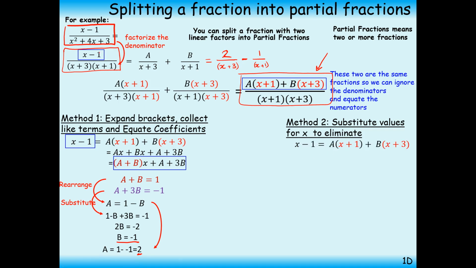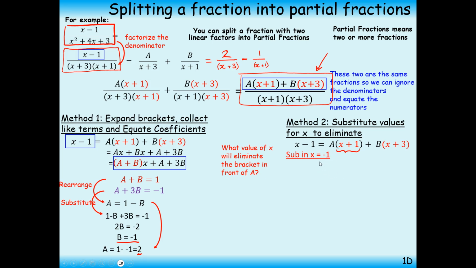You still match these two blue boxes with each other and write x minus 1 equals a times x plus 1 plus b times x plus 3. In this method, you can look at the first bracket and ask yourself what value of x will eliminate this bracket or make it 0. To make this bracket 0, we can choose x to be -1.